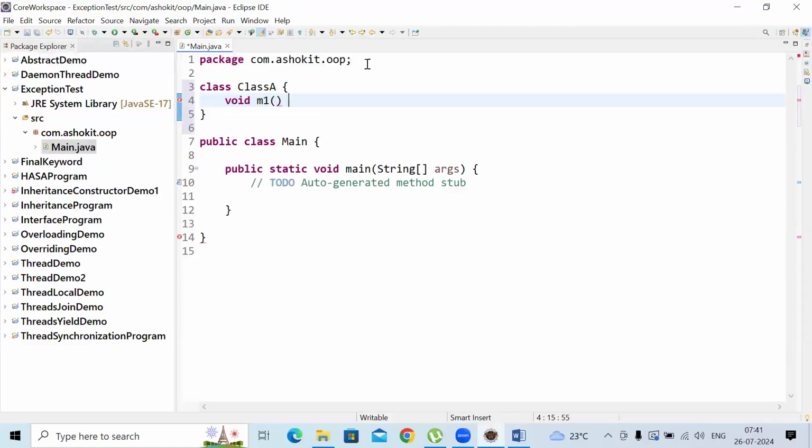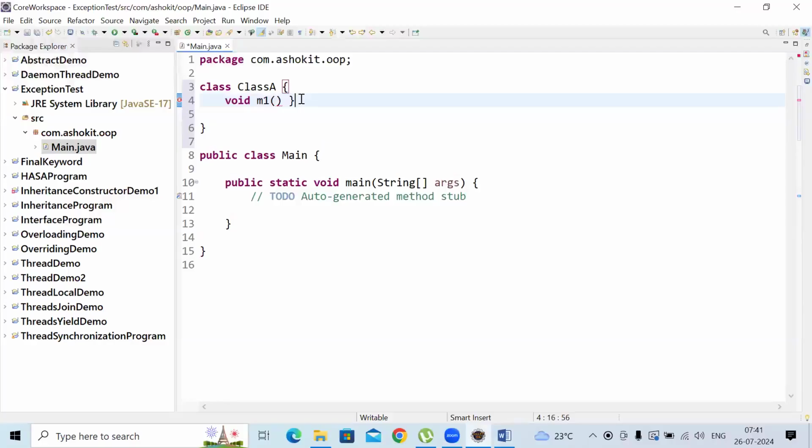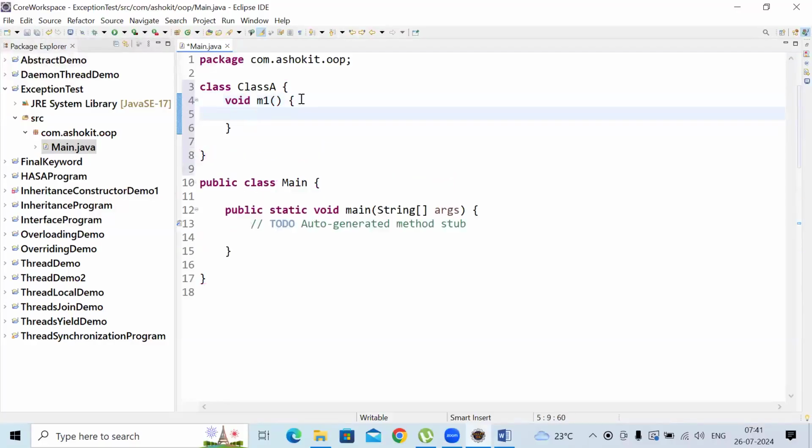And here we'll start the discussion on how to write the multiple catch blocks.